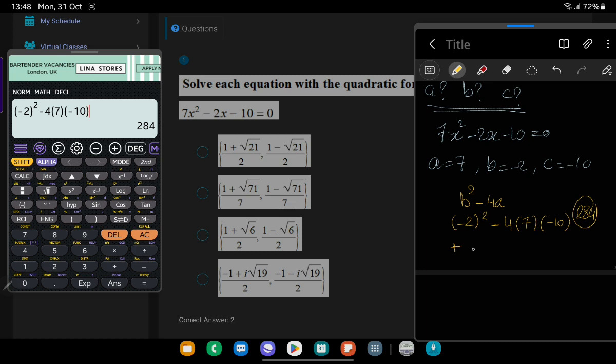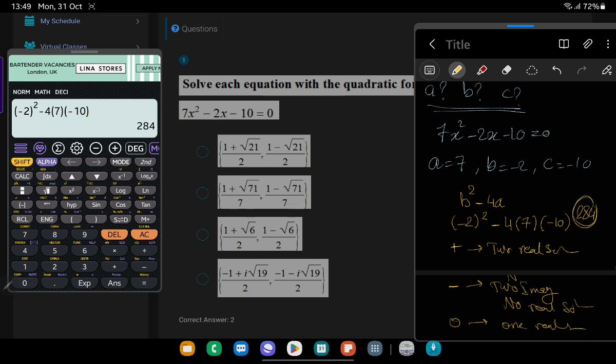When you have a positive answer, it means you have two real solutions. If the answer was negative, it means you have two imaginary solutions or no real solutions. If it's 0, you will have one real solution.